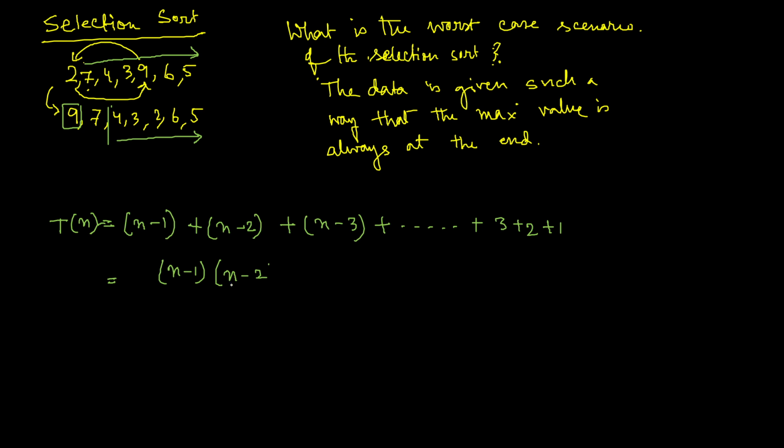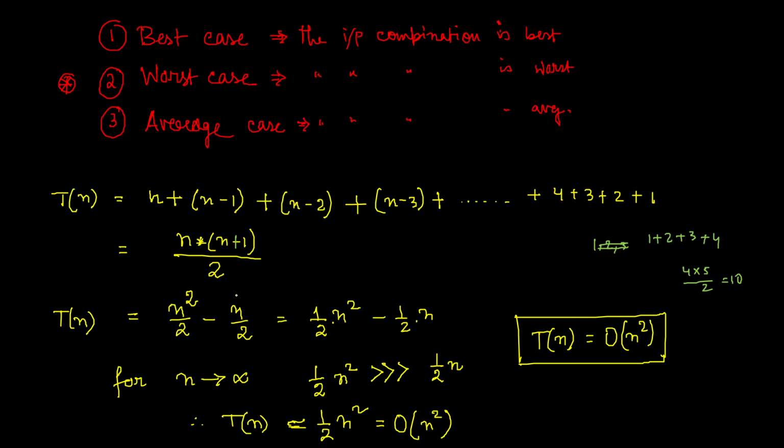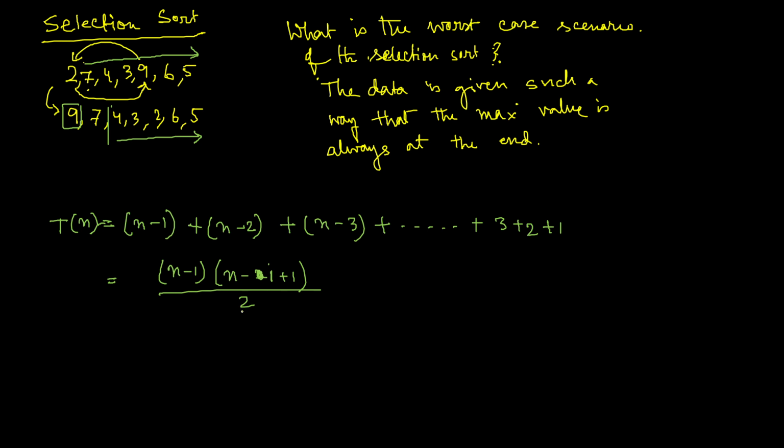So anyway, here it will be n minus 1 plus 1, plus 1, by 2. By the way, here it will be n plus 1. So that means it becomes n into n minus 1 by 2.